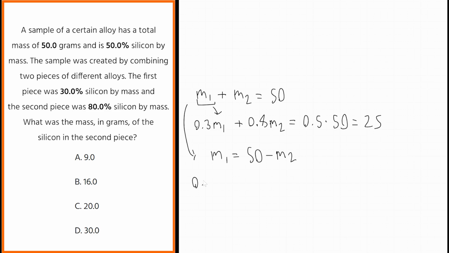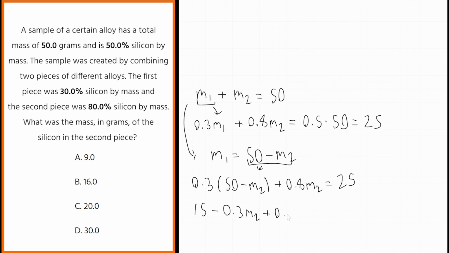So we have 0.3 times 50 minus M2, which is just the value we found for M1 plugged in, plus 0.8 M2 equals 25. When we simplify this, we get 0.3 times 50, that's 15, minus 0.3 M2 plus 0.8 M2 equals 25.